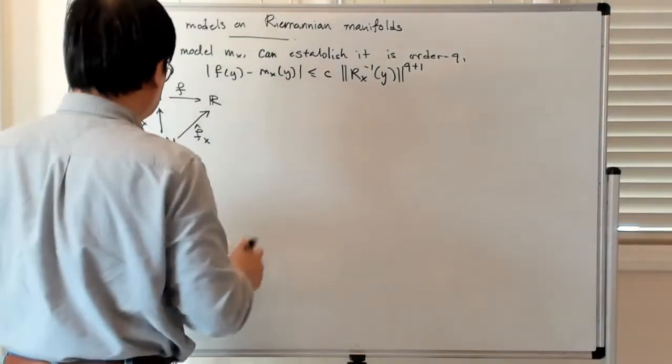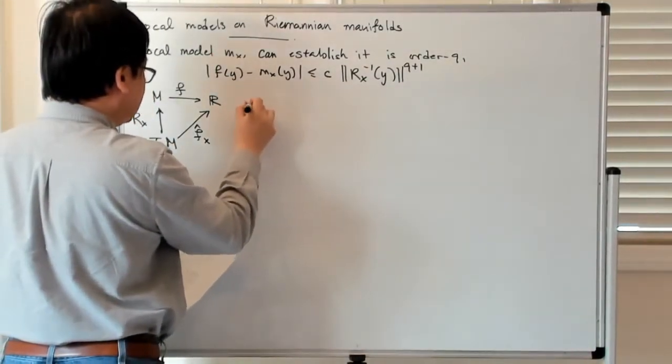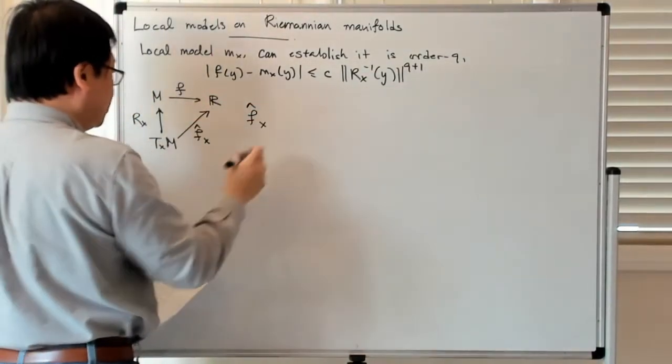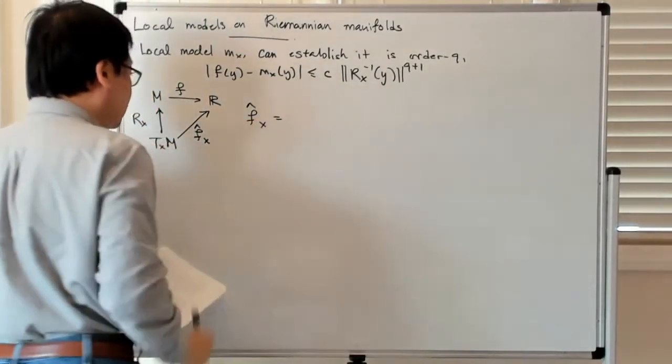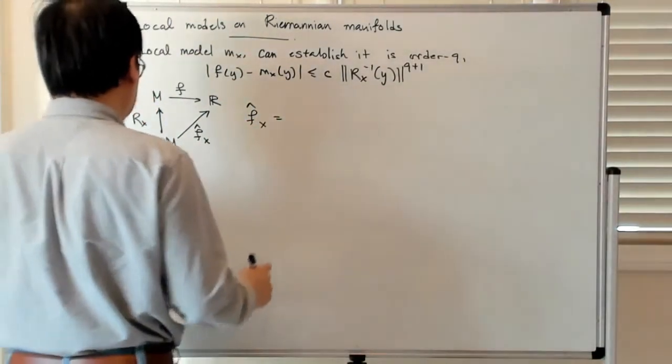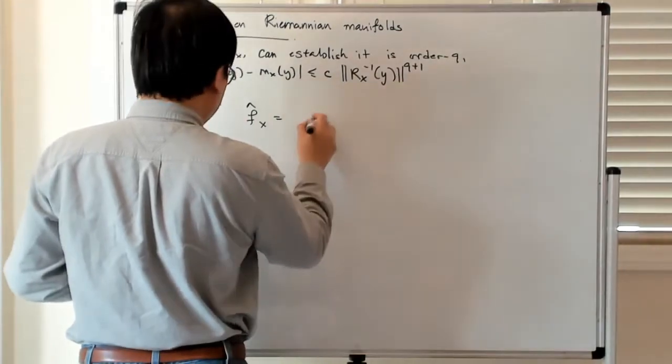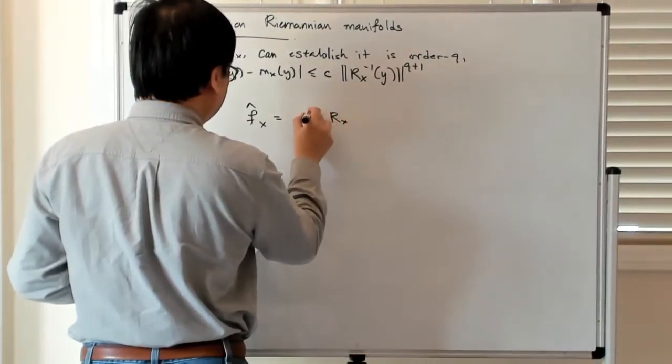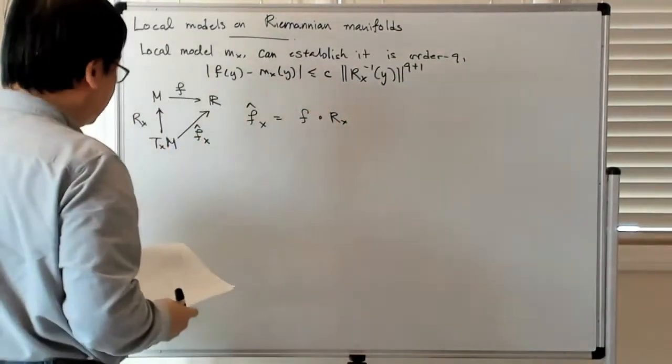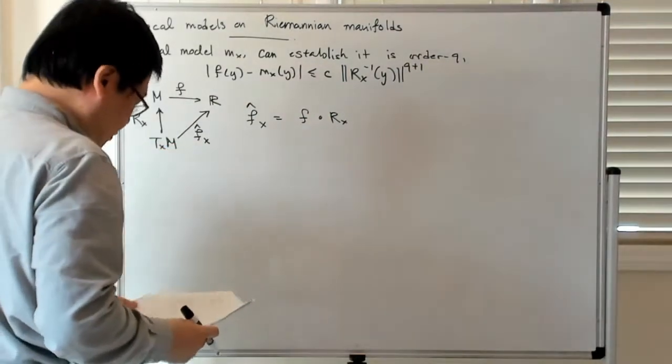Okay, so of course making this diagram commute means that f hat of x is really just R_x composed with f. So we want to look at this object here.